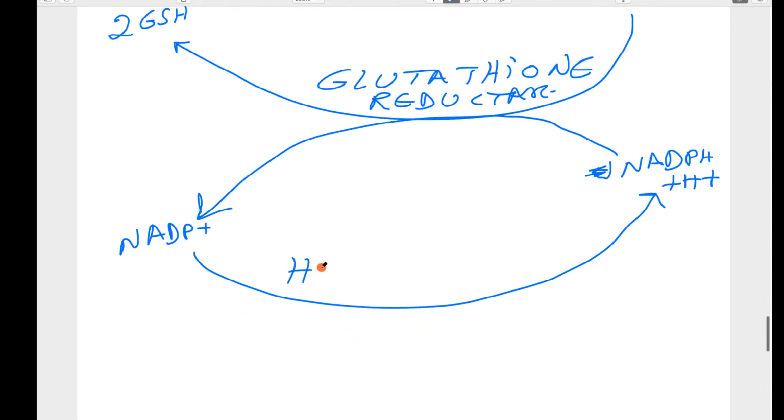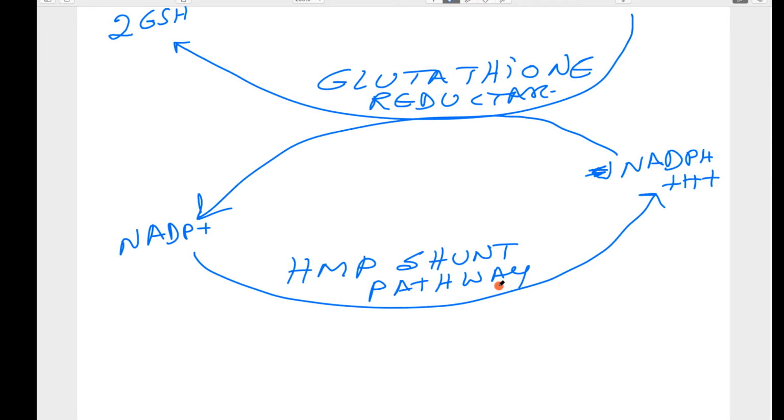That is the reason that, apart from glycolysis in the RBC, a large amount of glucose is diverted to the HMP shunt pathway so that the membrane integrity can be maintained. Not only that, in the RBC the purpose of having the HMP shunt pathway is to keep hemoglobin in a proper form.